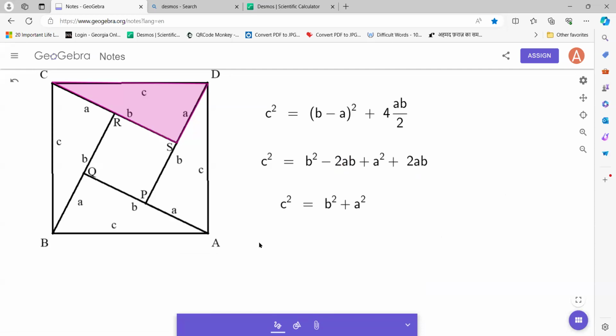So I'm going to do another proof, which will be very similar to this, but I'm going to arrange the right triangles in a slightly different way.